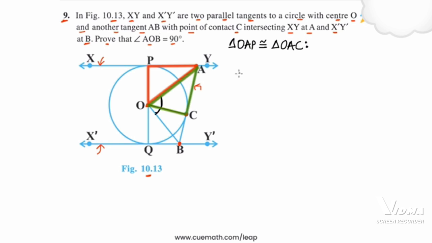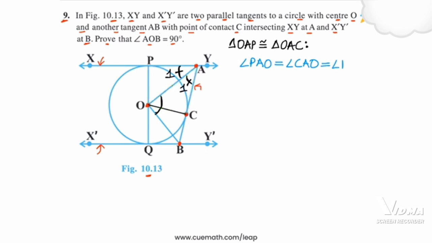And from here, it follows that angle PAO is equal to angle CAO. So angle PAO, this angle here, is equal to angle CAO, and let's call both of these angles angle 1. Okay, so angle PAO and angle CAO are equal to angle 1.